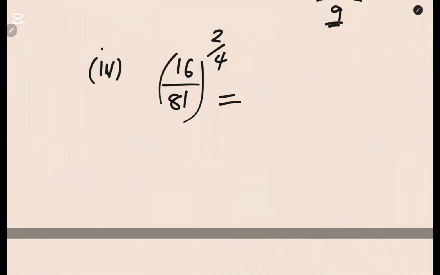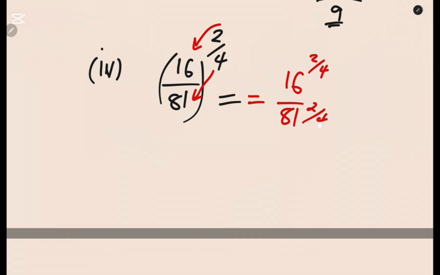We have the fraction now as the base. How is it going to be? So this power is shared on the numerator and the denominator. So this one is going to be 16 over 81 to the power 2 over 4, then 16 to the power 2 over 4, 81 to the power 2 over 4.